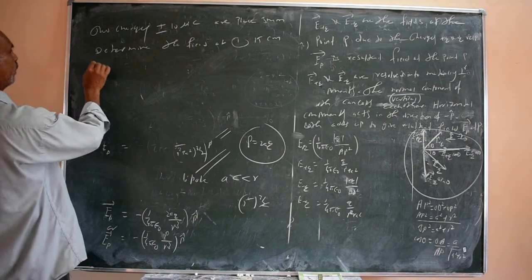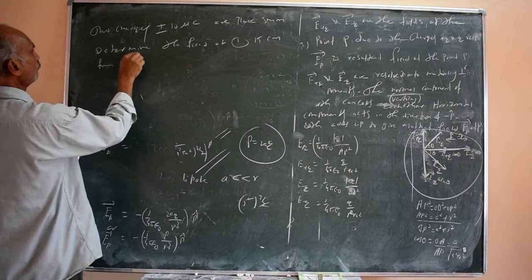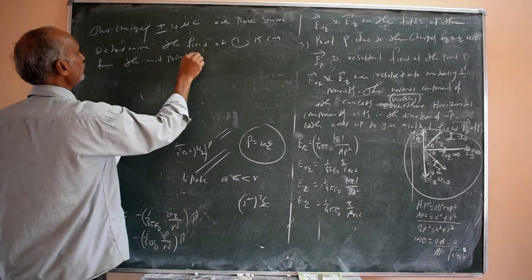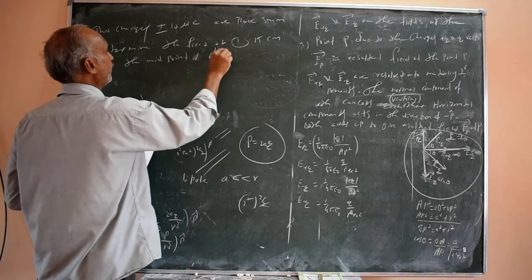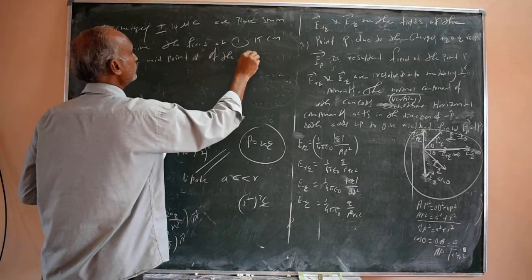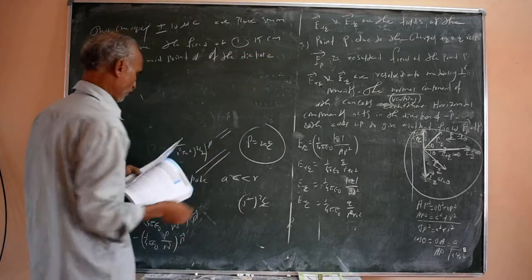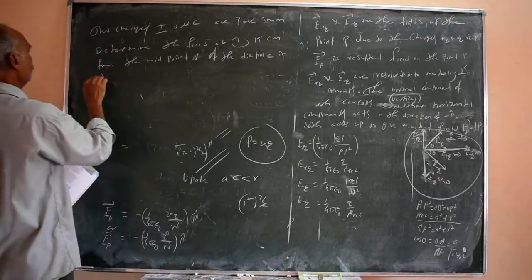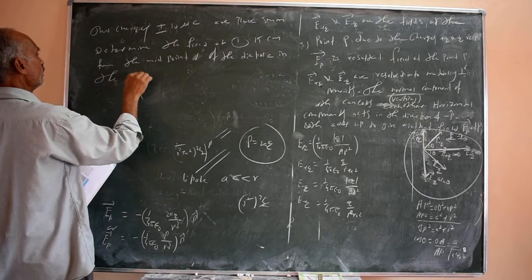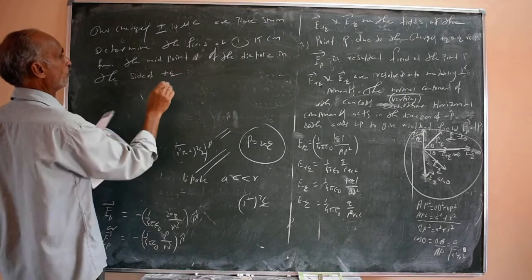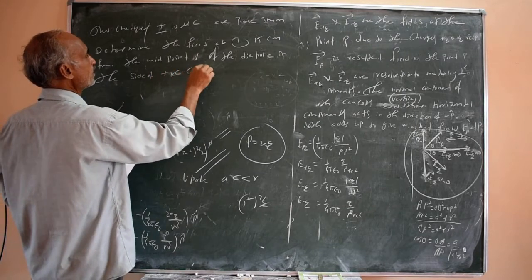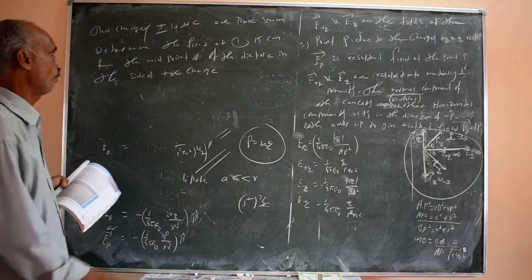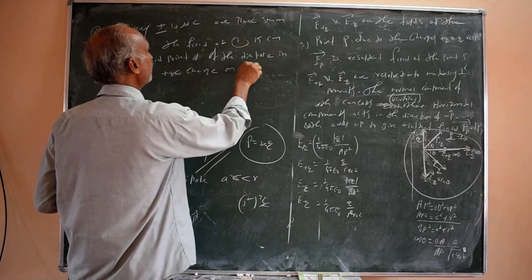15 centimeter from the midpoint O of the dipole, on the side of plus q, where plus q is plus 10 microcoulomb and minus q is minus 10 microcoulomb, on the axial line.